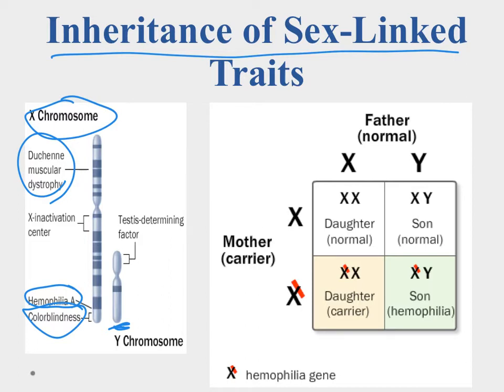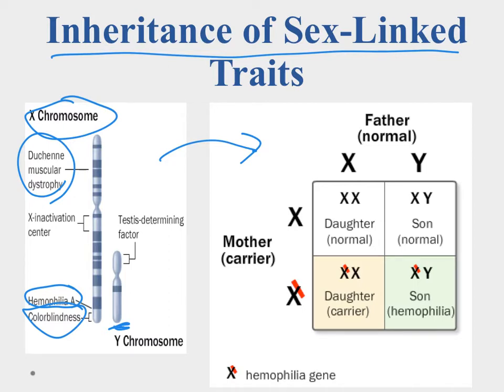So if we jump over to our example here and we talk about hemophilia, remember, hemophilia is a disease where the blood does not clot. So if you were to get a cut or something like that, you don't form a scab, you would bleed out, per se. So it's a real dangerous threat, but we can take care of it a little better in modern times with medicine, but back in the Middle Ages it was a lot more lethal.